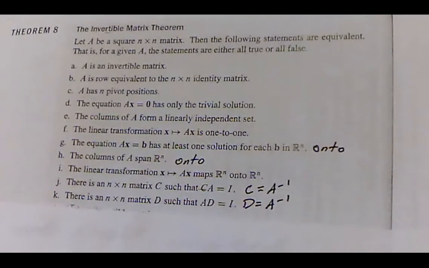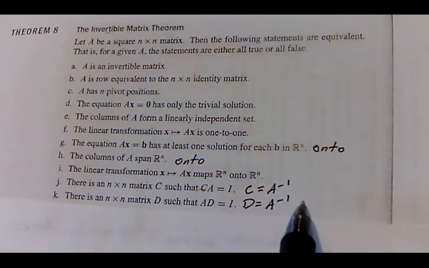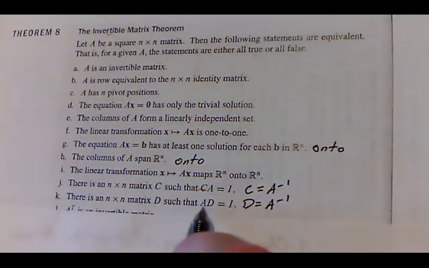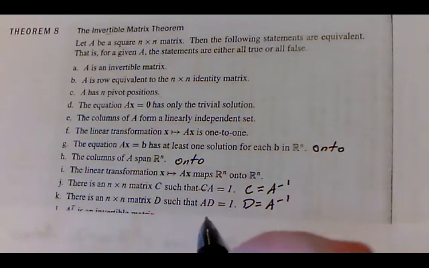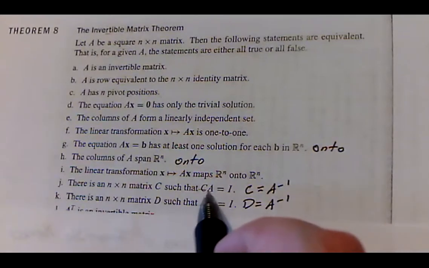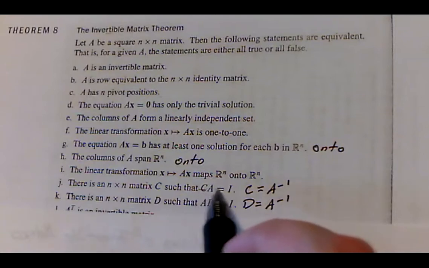Okay, but maybe it's easier to find a matrix, or maybe you're given a matrix that in fact has this relationship. Oh, okay, well, I know this is the case. This must be an inverse then. Maybe I don't know A and D are invertible automatically, but I know their product is the identity. Maybe I don't know that C and A are invertible, but I know their product is the identity.